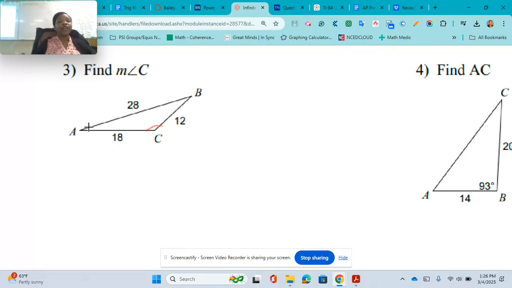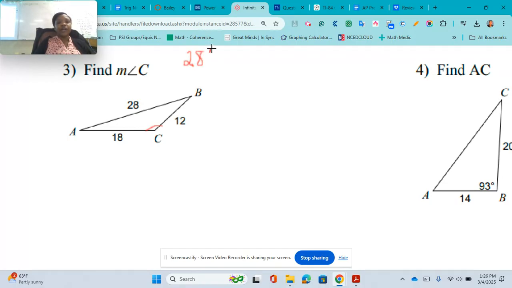Opposite from 12 is A. So we're going to start with the angle A. No, I'm sorry. We only need to look for measurement angle C, so we're just going to use the law of cosine for angle C. All right, so if we're doing angle C, we will start with the length of C, which is going to be 28.